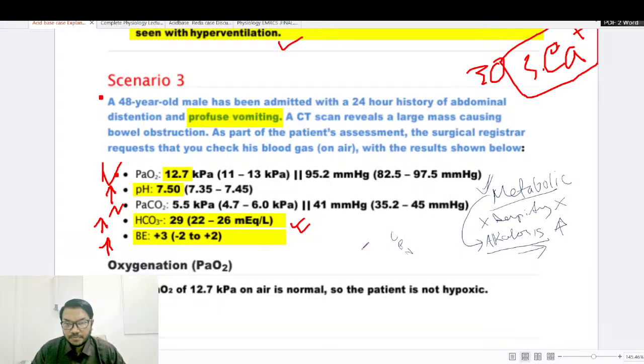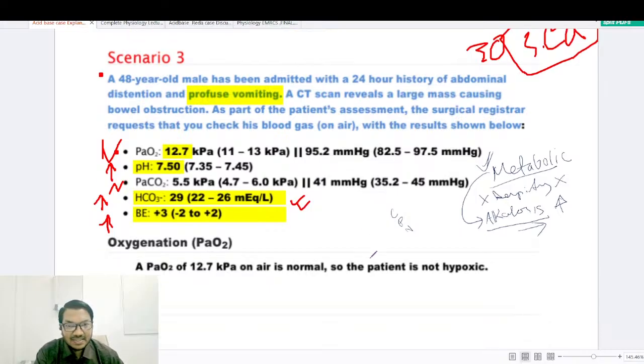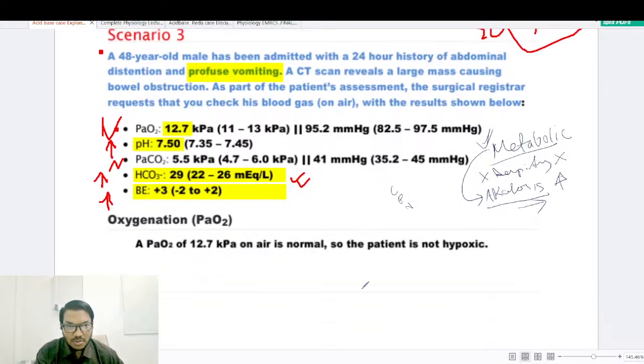Normal. Then pH, alkalosis; bicarb, carbon dioxide, normal bicarb. So what will be the diagnosis?